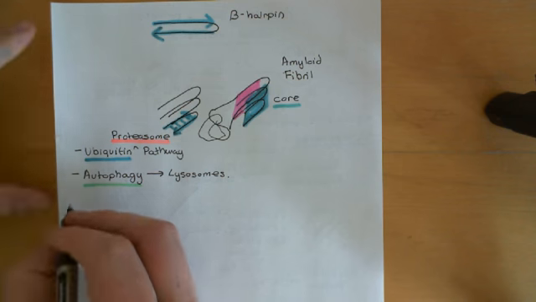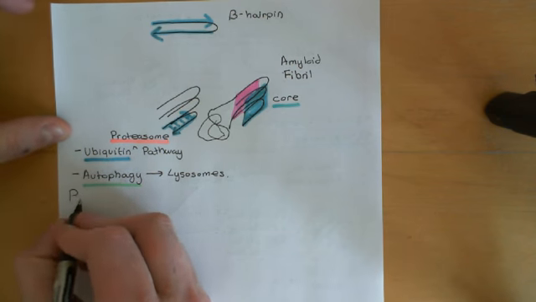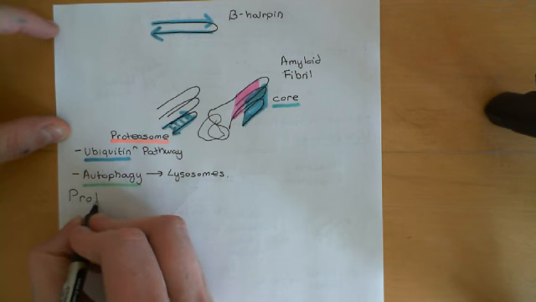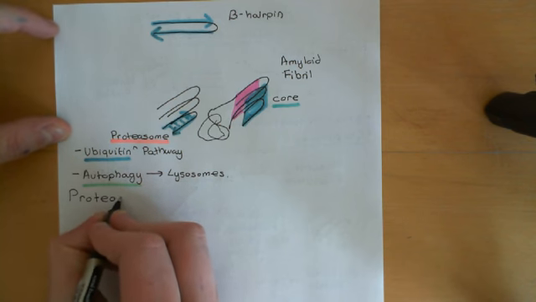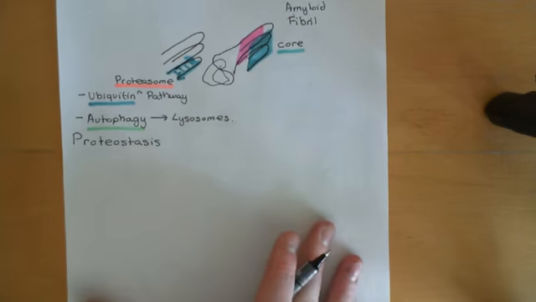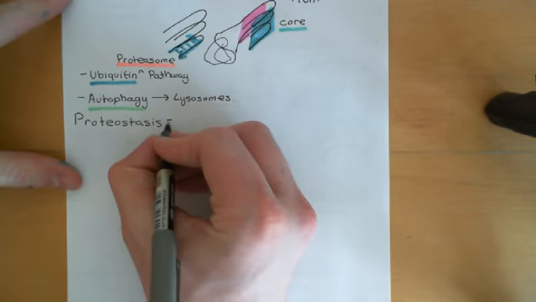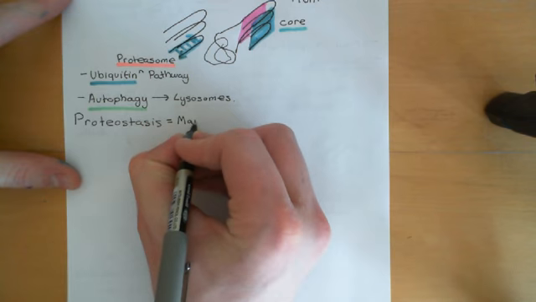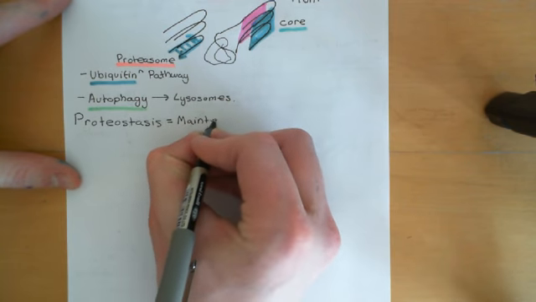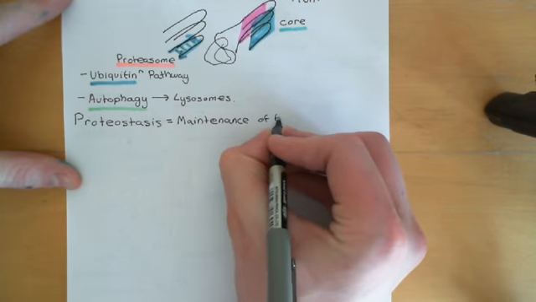Okay, right, so the final word that I want to define in this video before we call it there is the word proteostasis. Now this word is motivated by the same sort of motivation as homeostasis. What it means is the maintenance, that's what the stasis means, of the normal proteome.